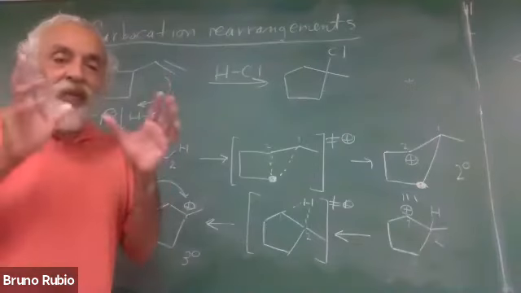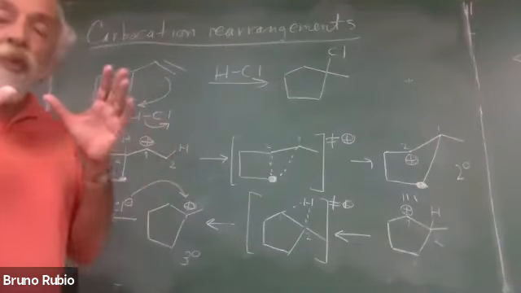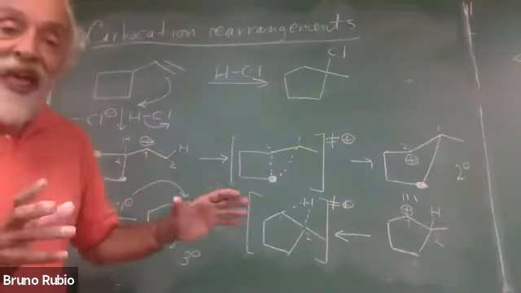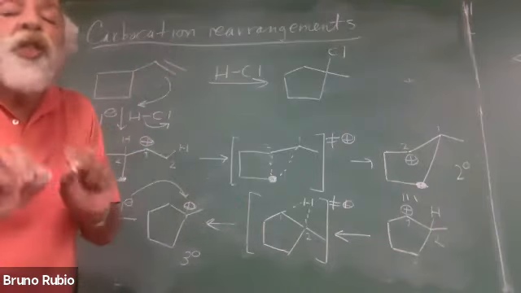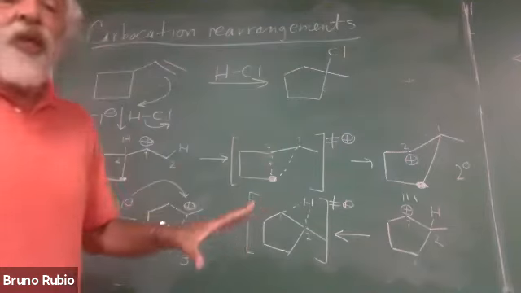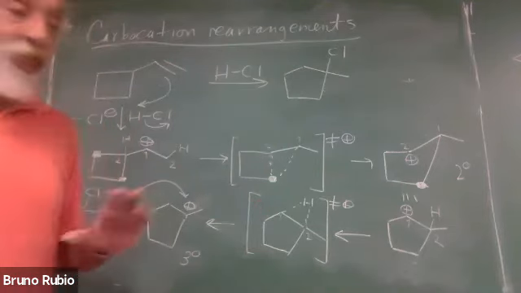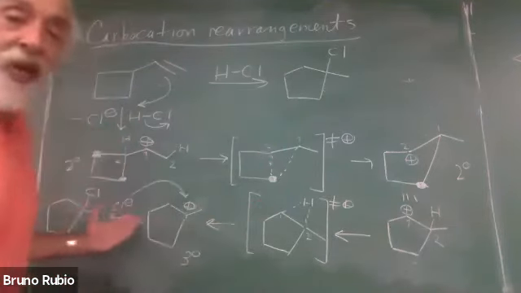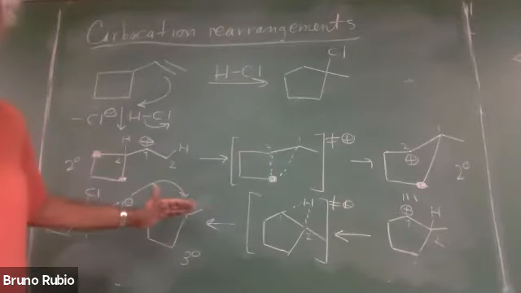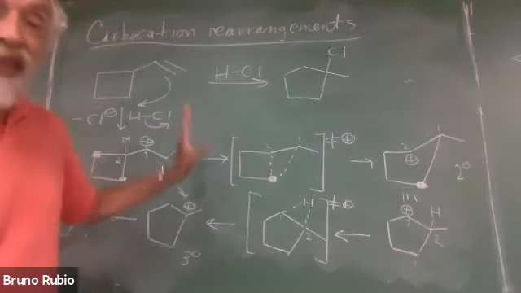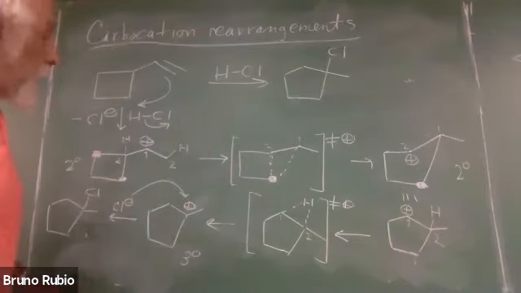The rate of a carbocation rearrangement is faster than the rate at which species can diffuse through the solution and find each other. So these carbocation rearrangements are lightning fast. This guy rearranged twice before the Cl even got in there. Okay.